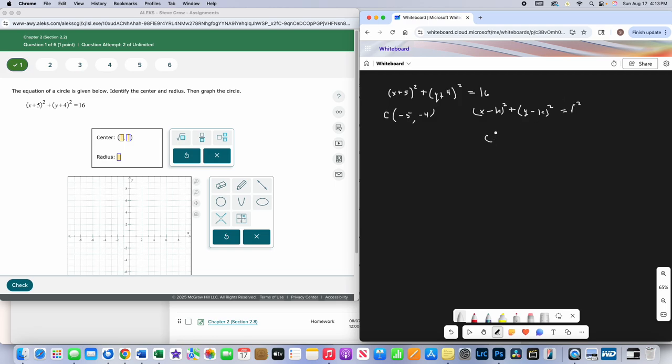And your center is at (h, k), and your radius is r.